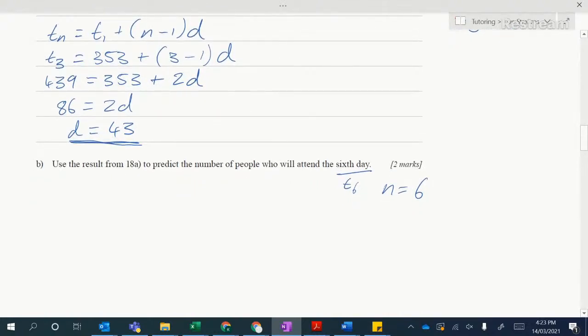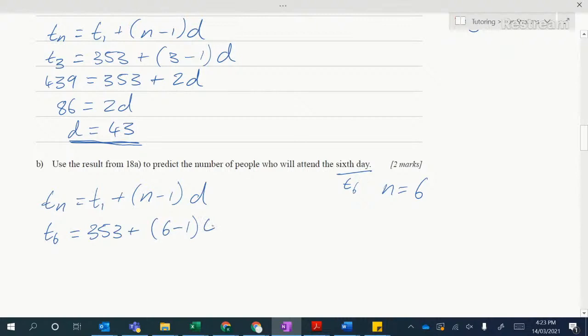Okay, so let's go through the answer now. So once again, I would use that general rule. You could also use recursion if you want to, but I think this is a little bit quicker. We're figuring out term 6 because it's the 6th day. Our first term was 353, and we're substituting 6 into the place of n.